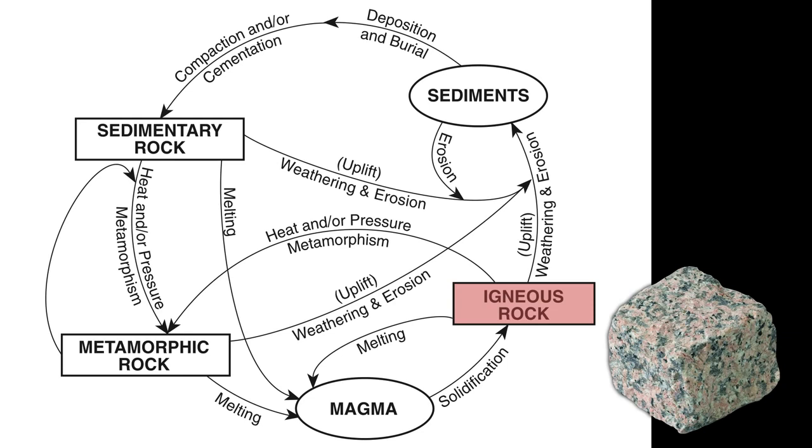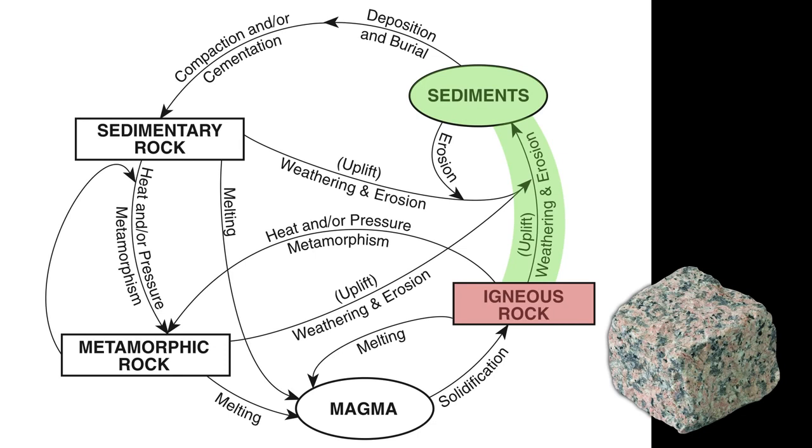The first thing that could happen is our granite could be lifted up, forced up from beneath the ground, where it's exposed to weathering and erosion. The wind, the rain, the ice, these forces break this rock down into little small pieces called sediments. So now our granite has been broken into small pieces of granite.